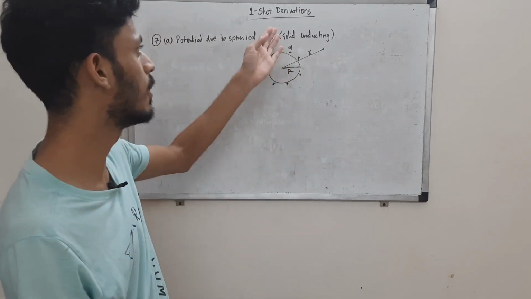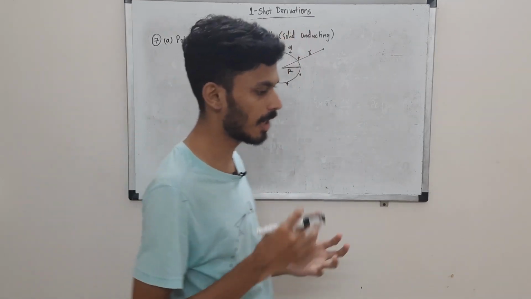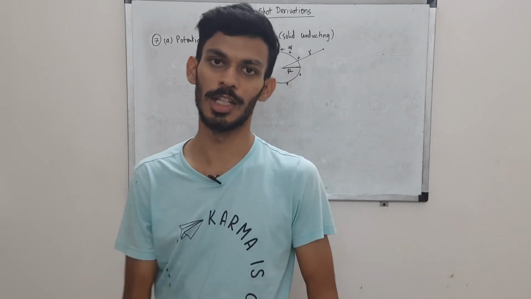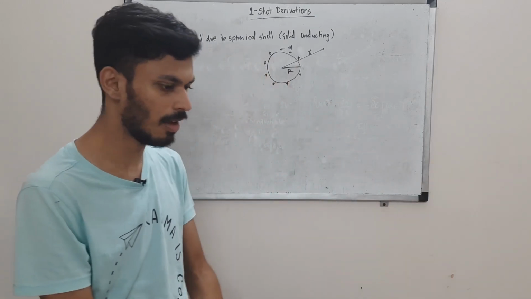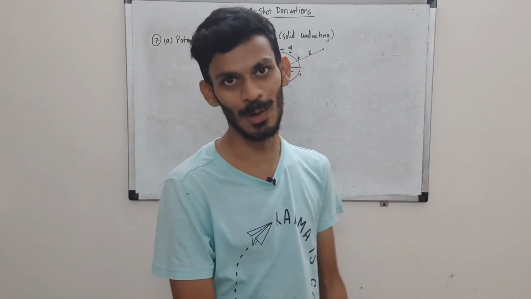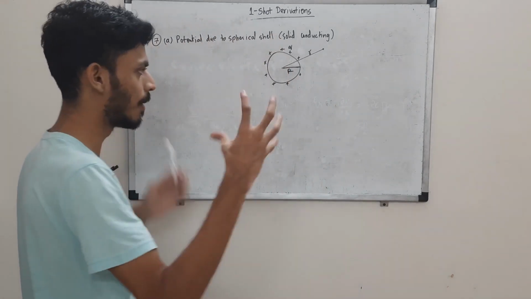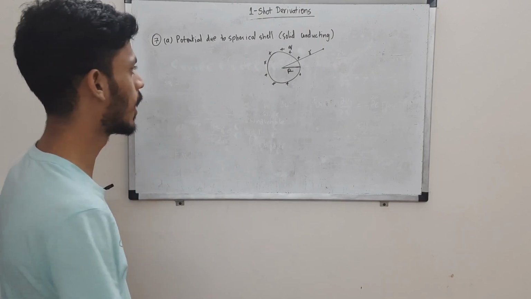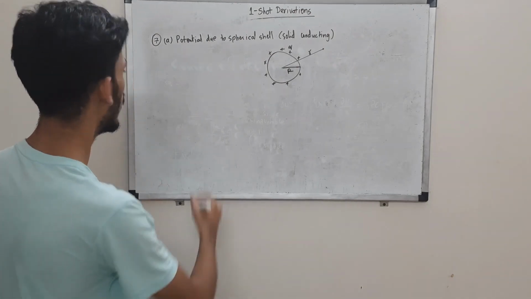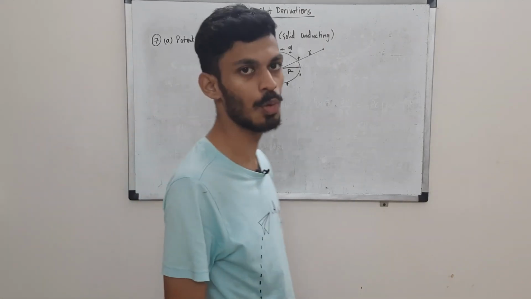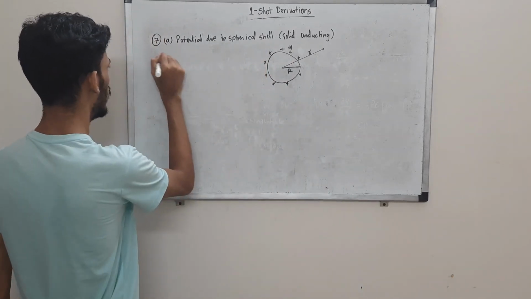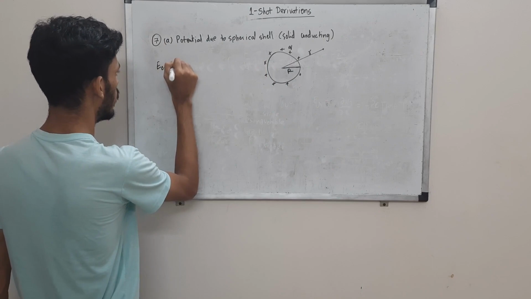For a conducting sphere, all the charges that you give to that sphere will reside only on the surface. So essentially it will act like a hollow sphere only. That is how you can remember and connect these two together. Now we have already found the electric field due to a spherical shell at a point outside the sphere.